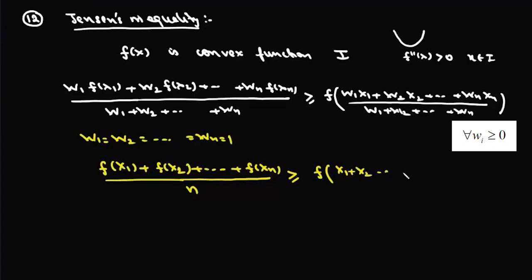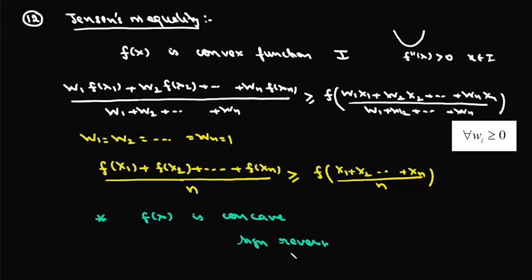So it will be greater than or equal to the function value of (x1 plus x2 plus xn) whole divided by n. And if f(x) is concave, then in that case the sign reverses. So there we'll have this less than or equal to sign.